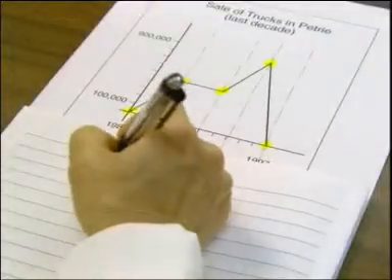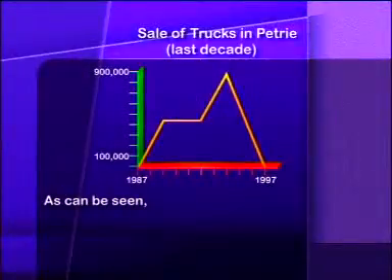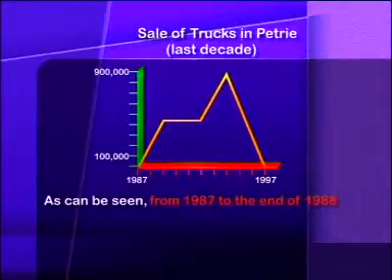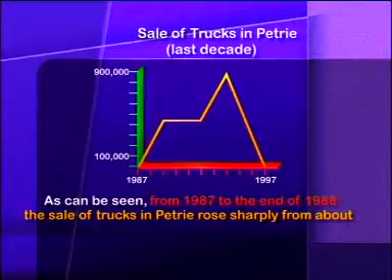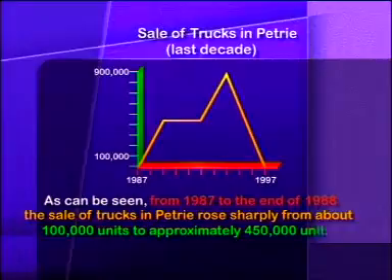In the case of graph 1, the first sentence of your body could read, as can be seen from 1987 to the end of 1988, the sale of trucks in Petrie rose sharply from about 100,000 units to approximately 450,000 units.